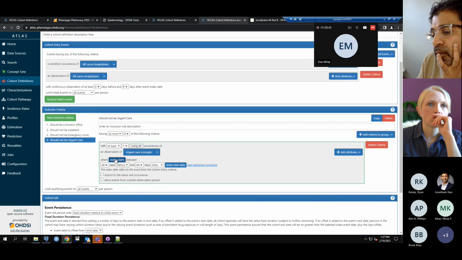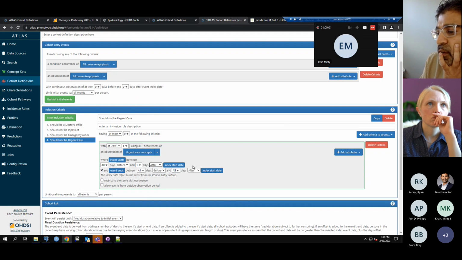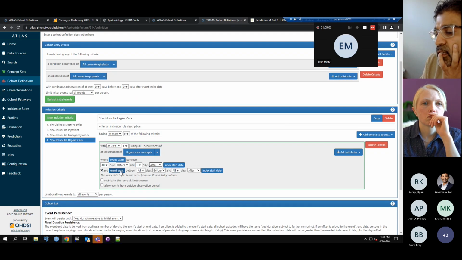Say event starts all days before up to 1 day after, the same idea. So even if they have an urgent care code the day before or the day after anaphylaxis, we should exclude them.